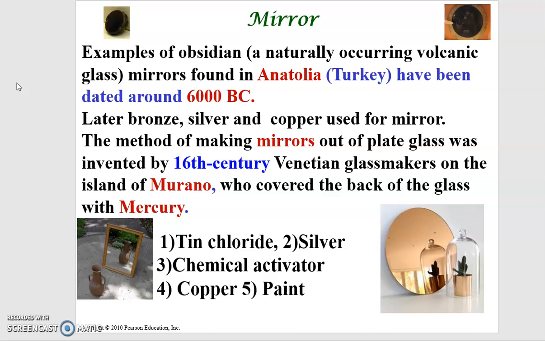People already found you could use it to see an image, but not perfectly. Later in history, people used different materials to make mirrors: bronze, silver, copper.